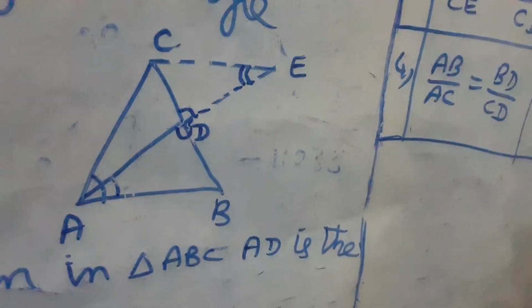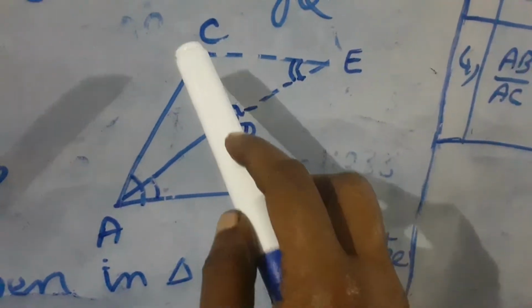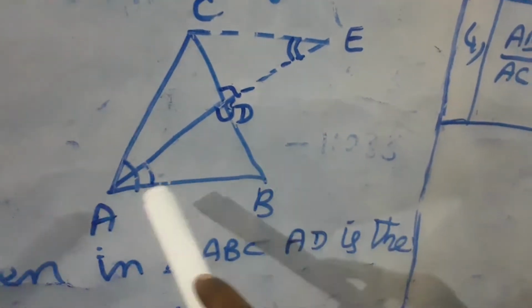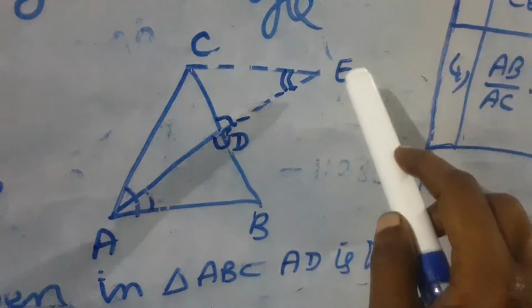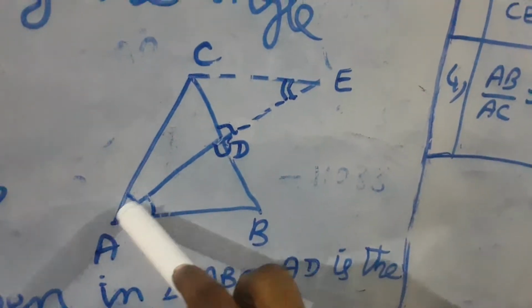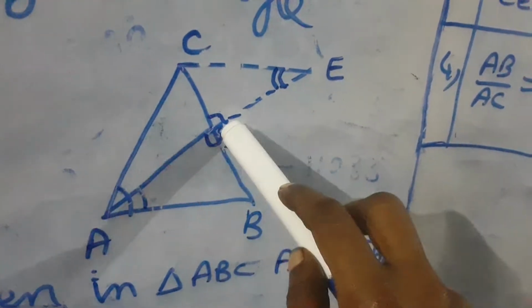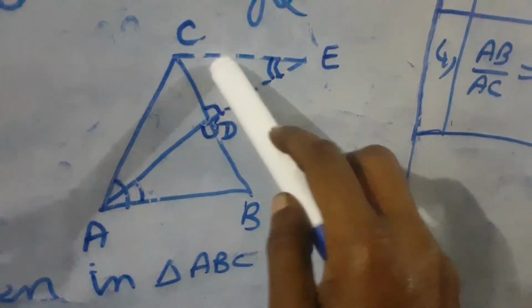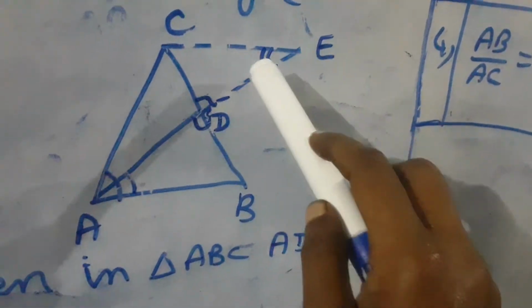We have to prove that. Now we draw a line parallel to AB, CE. AB is parallel to CE. We extend the angle bisector AD to AE to cut the parallel line at the point E.